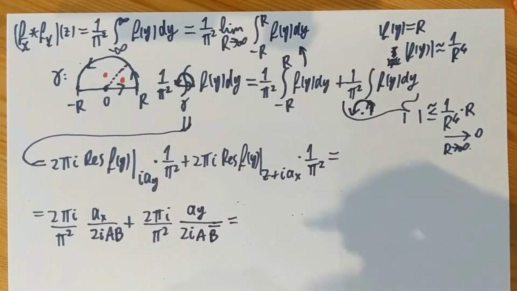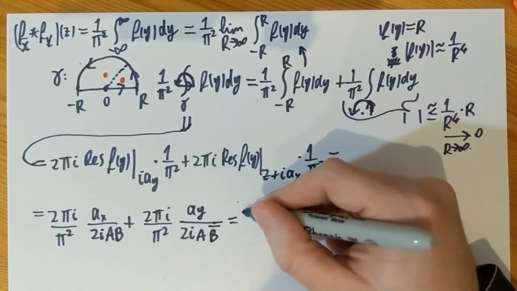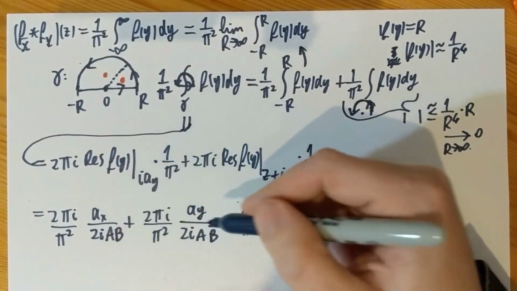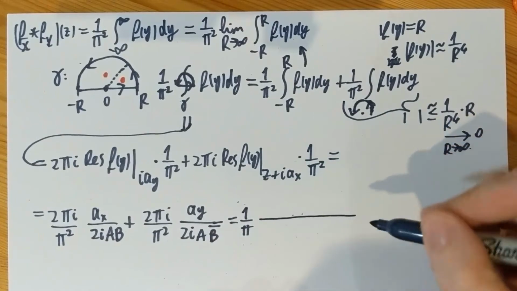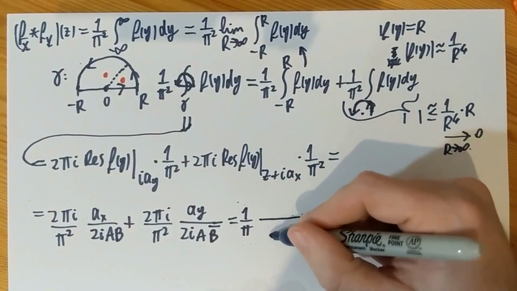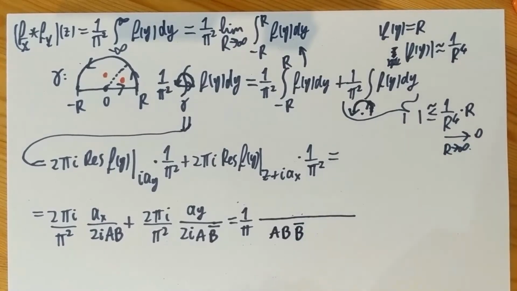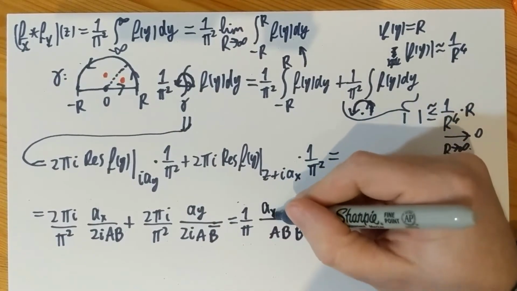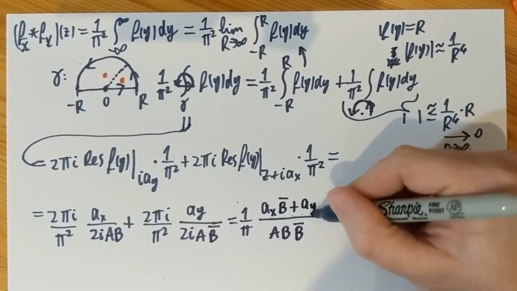Now I'm really simplifying with the pi and also with the 2i, so I have a 1 over pi in front. The 2i's are gone and all the other pi's are gone, and I want to make this into a common fraction with common denominator A, B, B bar. A is common, B and B bar are going to be down there, and then I get ax B bar plus ay B.